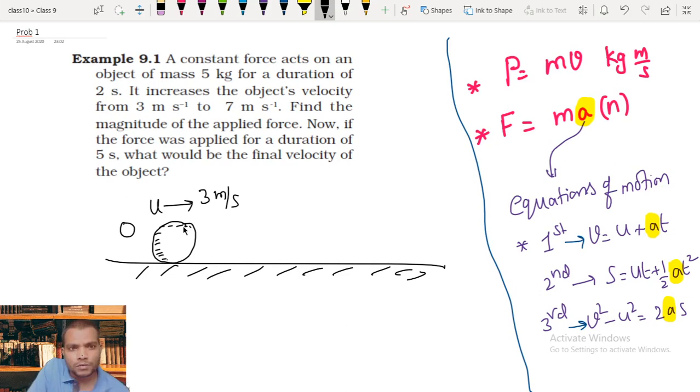If some force is applied on this object for a time of 2 seconds, its velocity changes to a final velocity of 7 meter per second.